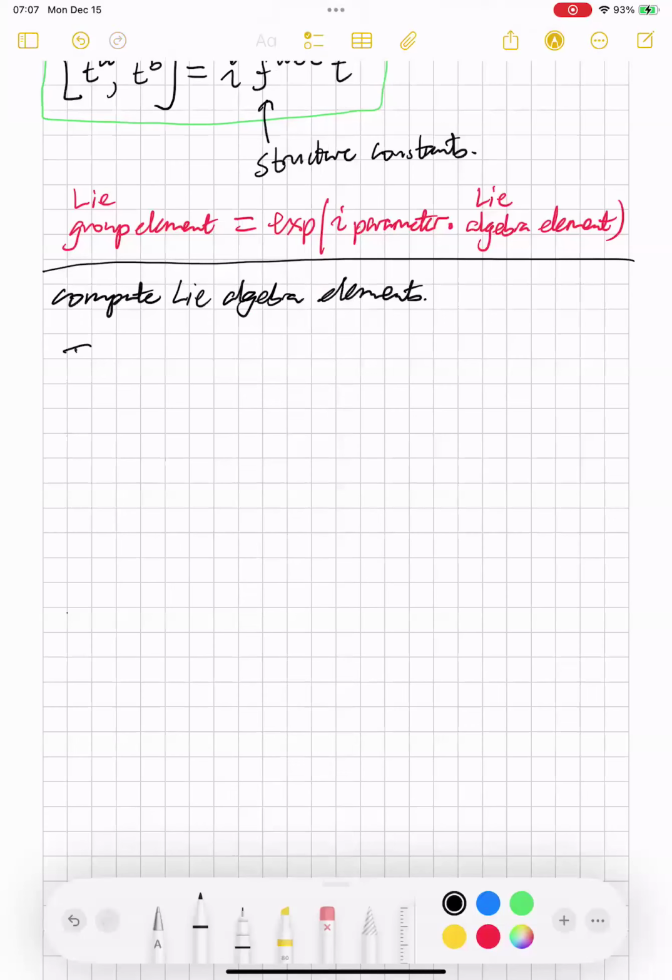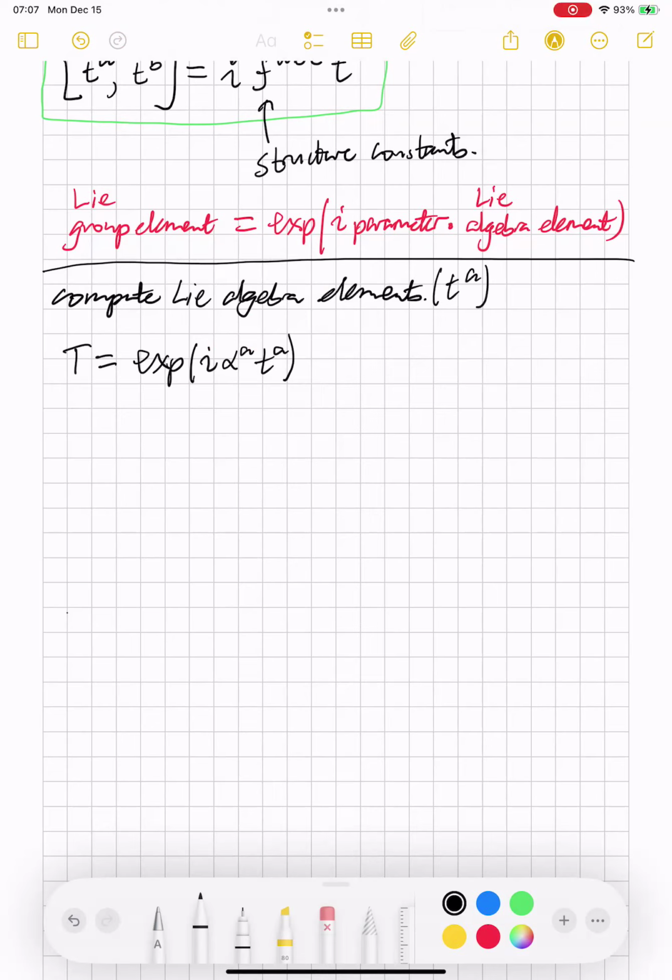So we've got T is equal to the exponential of i alpha^A T_A. And when we're talking about calculating the Lie algebra elements, we mean calculating the T_A's, okay?